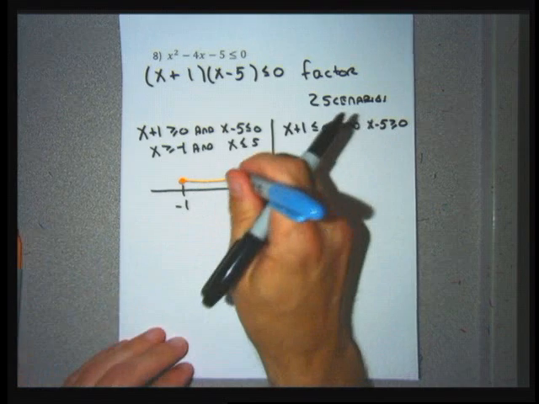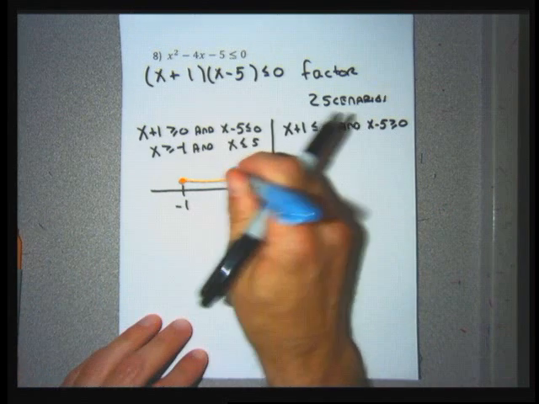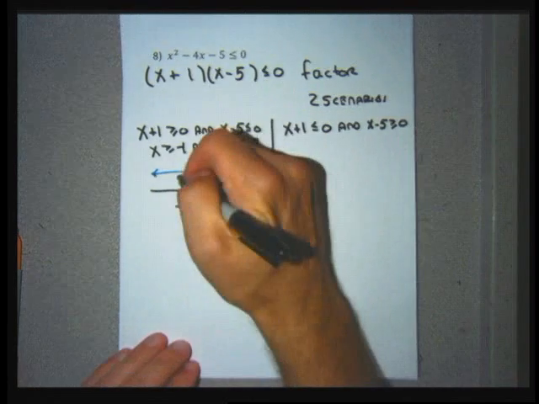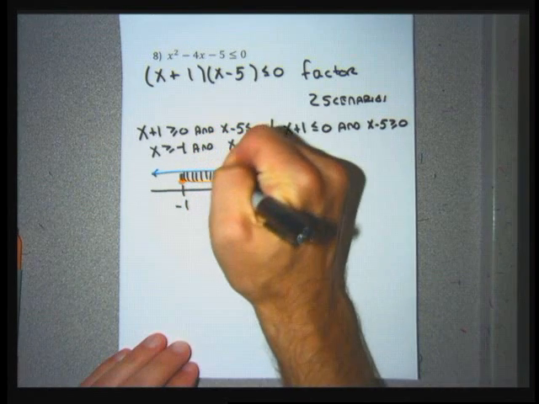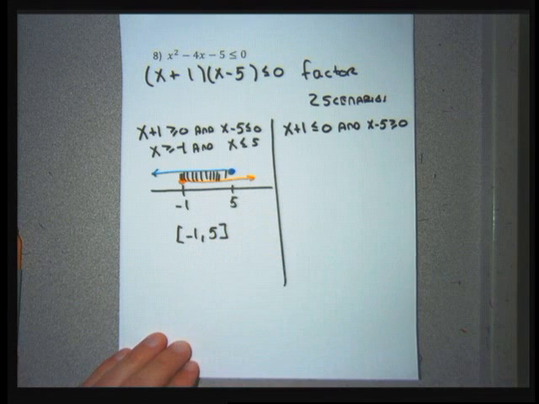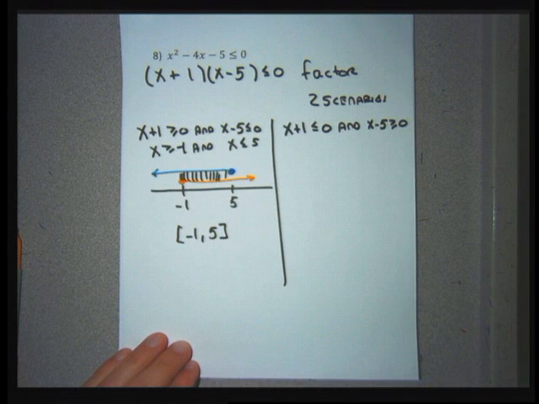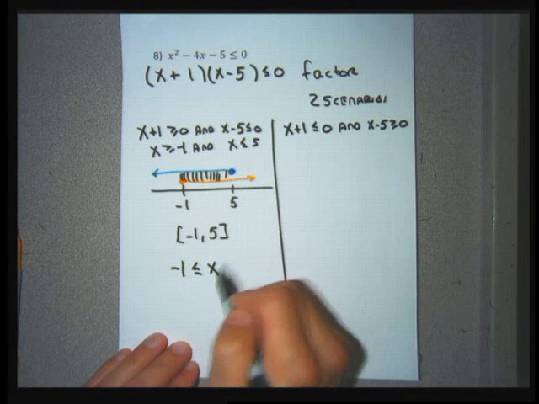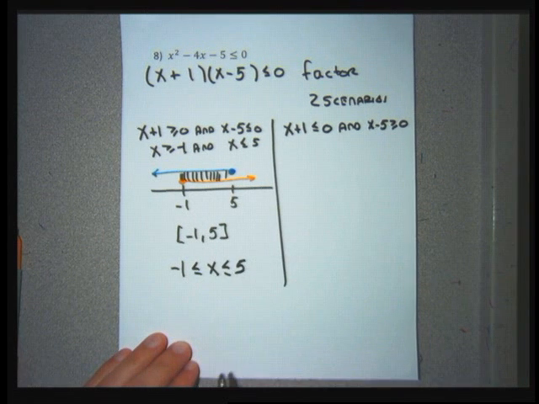X less than or equal to 5, solid circle on the 5, go off to the left. The solution is where I have both lines, and that's going to be in between negative 1 and 5. Square brackets because of the or equal to. Better way to write this is negative 1 is less than or equal to x is less than or equal to 5.